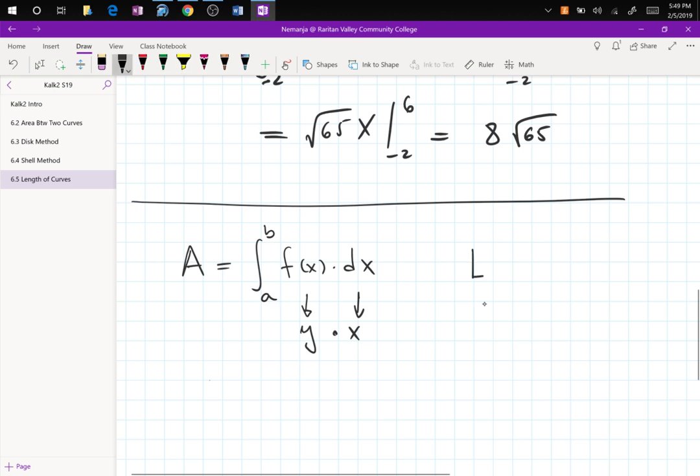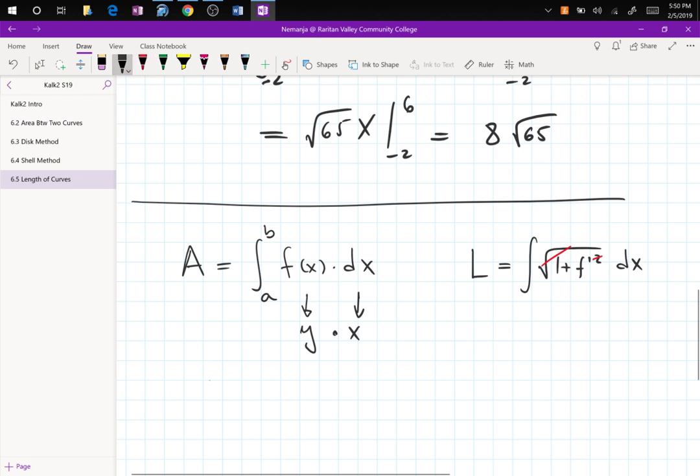Now, with length over here, you must lose one of these two, and clearly you can't lose dx. So the integral of the square root of 1 plus the derivative squared dx. And as I said, the square root roughly cancels the square. They don't, but roughly they do because of the 1 plus. And then you have the integral of the derivative.